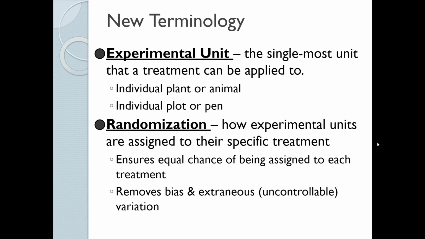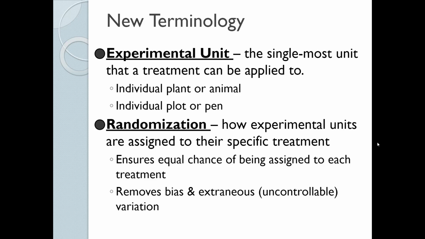The concept of randomization was introduced at the end of lecture number 1, but it really refers to how the experimental units are going to be assigned to their specific treatment. So that needs to be as random as possible.